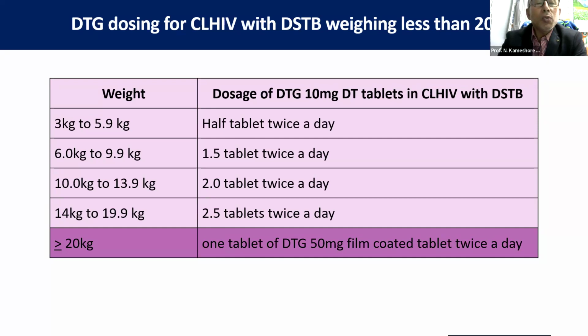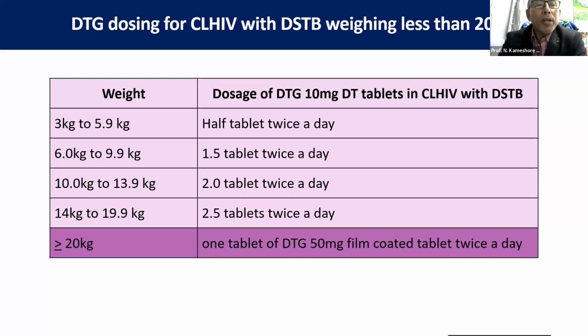For 6 to 9.9 kg, we give 1.5 tablets twice daily of 10 milligram DTG. For 10 to 13.9 kg, we give 2 tablets of DTG 10 milligram twice daily. And for 14 to 19.9 kg, we give 2.5 tablets of DTG 10 milligram twice daily.